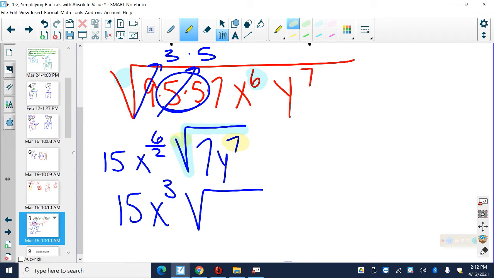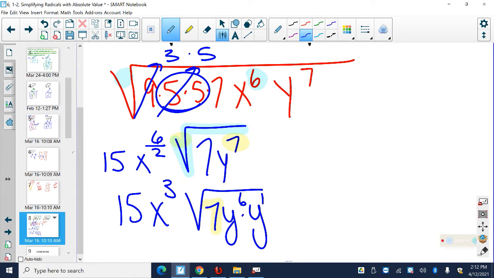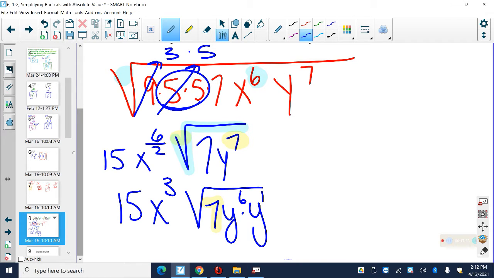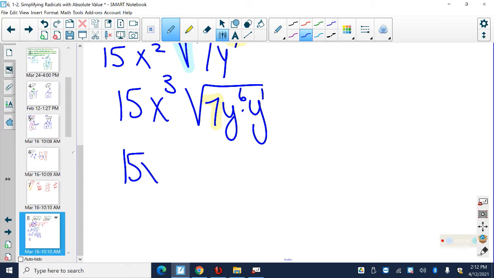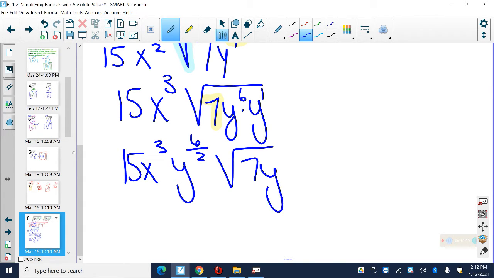No. So what we're going to do is take 1 off of it and make that 7y to the 6 times y to the first. Do I still have 7 of them inside there? I sure do, but I'm just making it easier for me to look at, right? Which means now I'm going to rewrite this as 15x cubed y to the 6 over 2, square root of 7y. What is 6 over 2? 3.